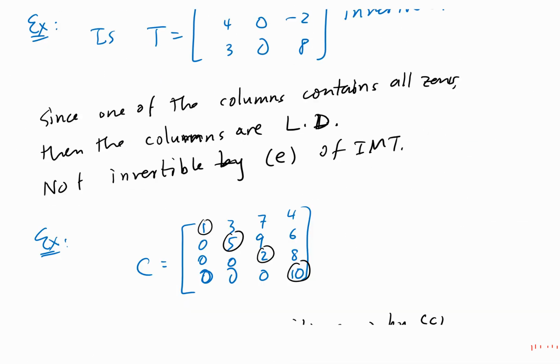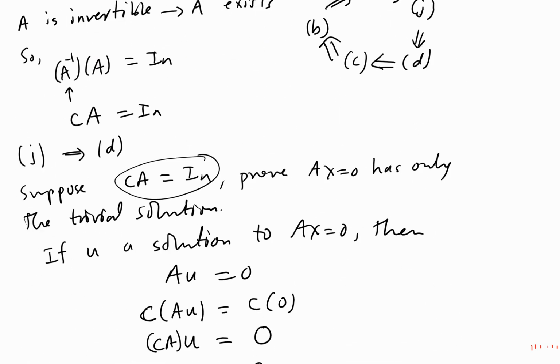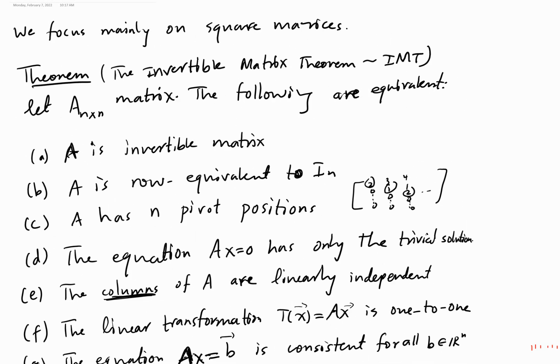So now we're going to go back up to the original theorem. It's all about what we call the invertible matrix theorem, abbreviated IMT. We mainly focus on square matrices. So now you know what a square matrix is. The theorem said if we have an n by n matrix A, the following are equivalent.